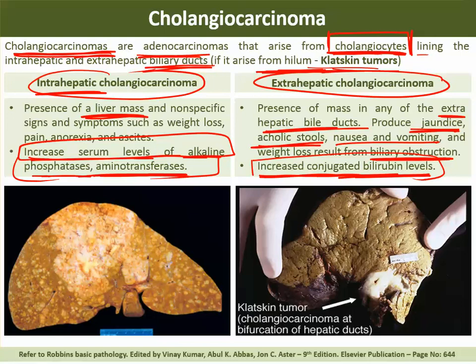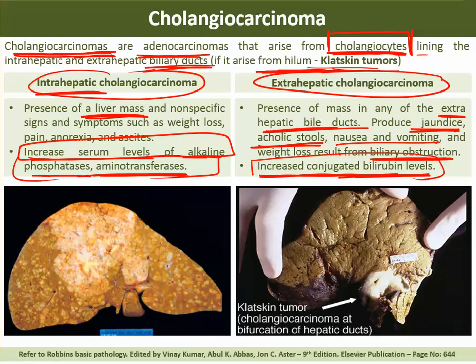If the same tumor comes extrahepatic, the scenario is different. They produce obstruction, the patient will have acholic stool, which means pale stool, and they produce conjugated bilirubinemia. The liver enzymes will be normal.